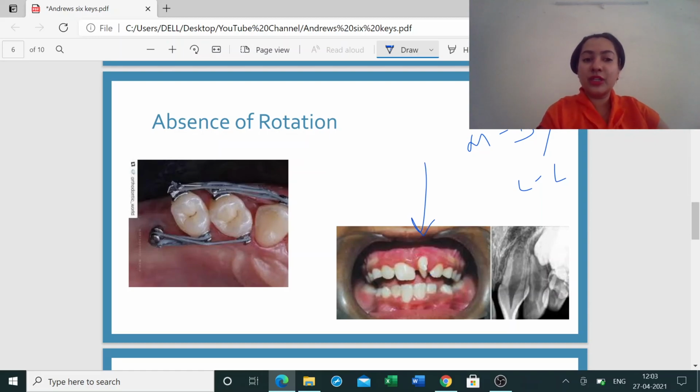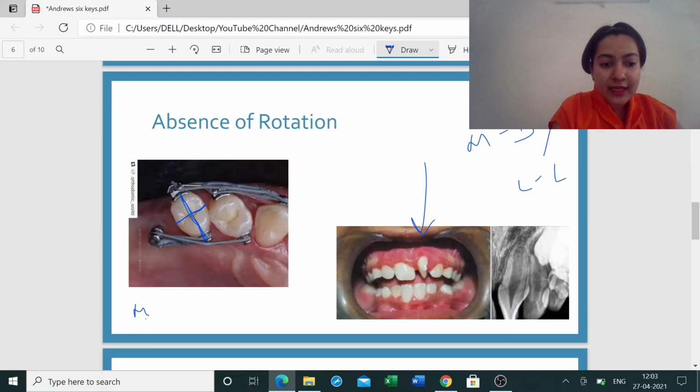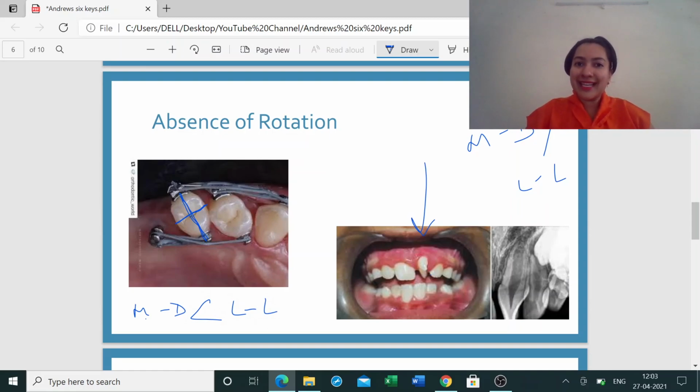See what happens in premolar. The mesio-distal width of the premolar is less than the labiolingual width. Because in this case, my mesio-distal width is less than the labiolingual width. So when the mesio-distal width is less, and when we correct the rotation, we get space in the arch, right?